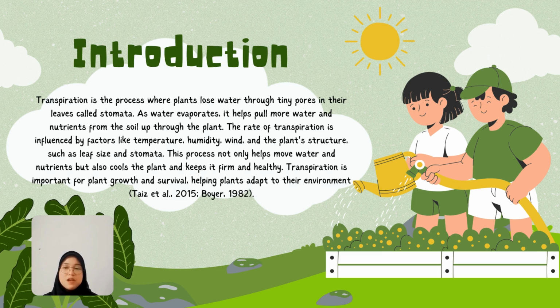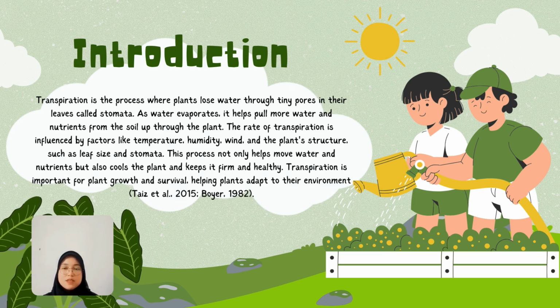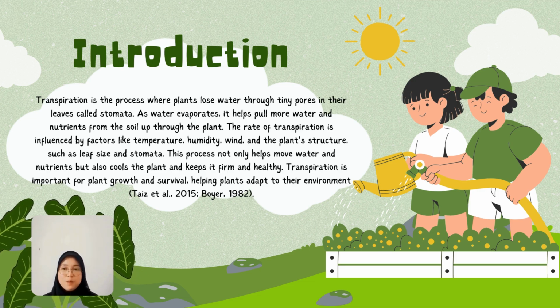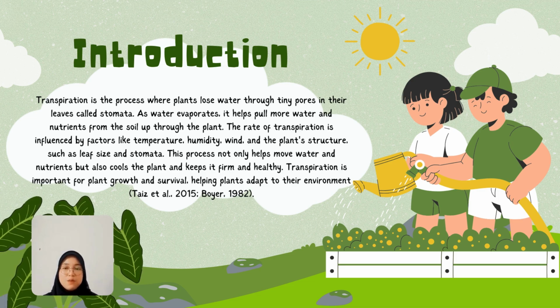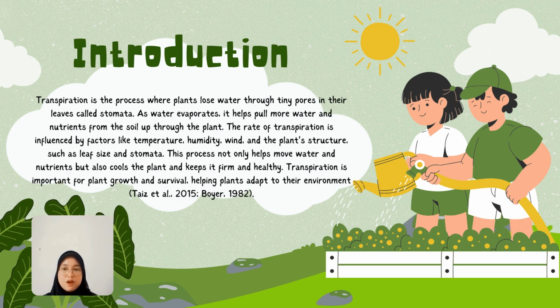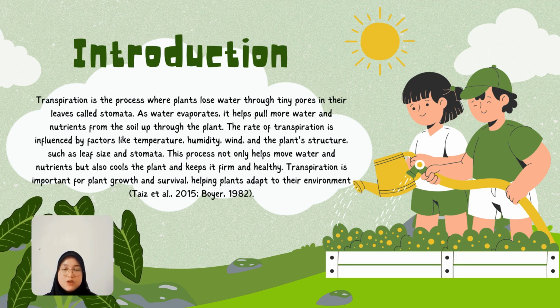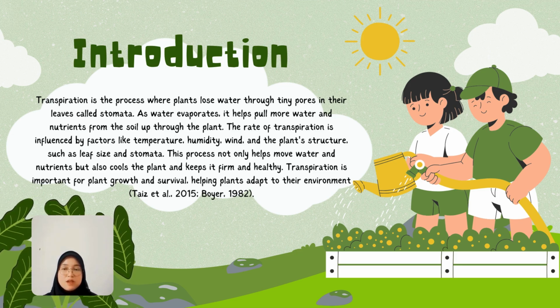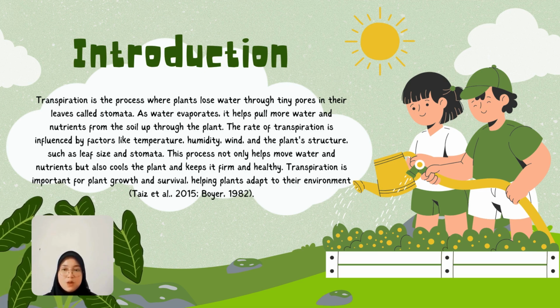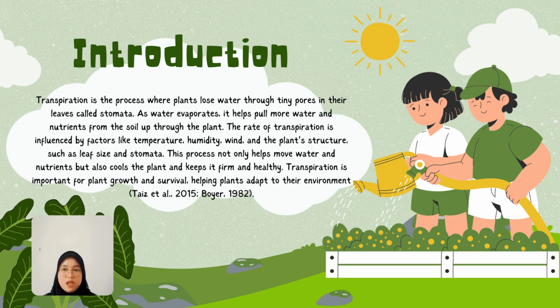Introduction. Transpiration is the process where plants lose water through tiny pores in their leaves called stomata. As water evaporates, it helps pull more water and nutrients from the soil up through the plant. The rate of transpiration is influenced by factors like temperature, humidity, wind, and the plant structure, such as leaf size and stomata.